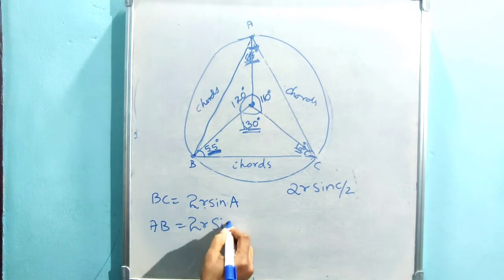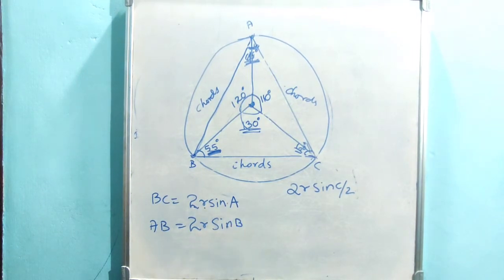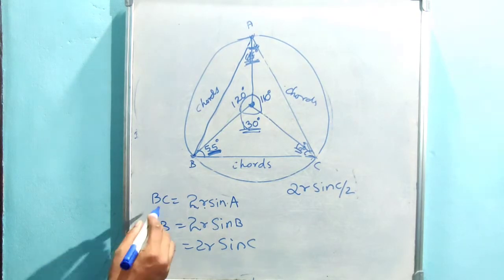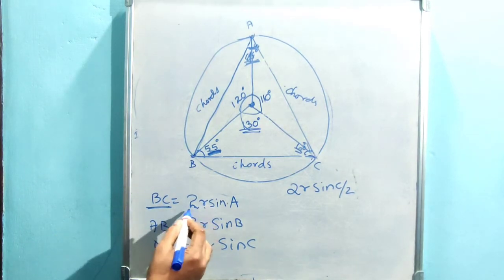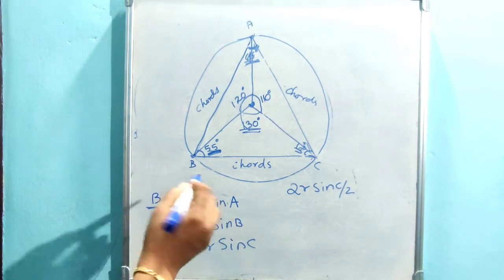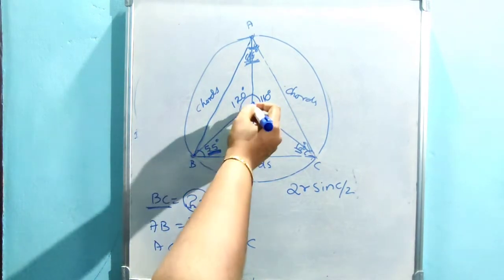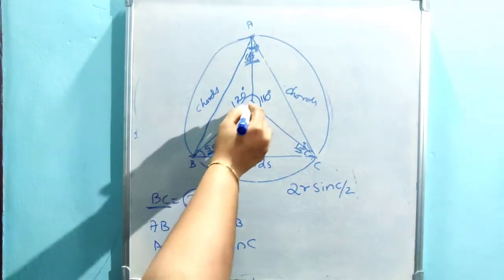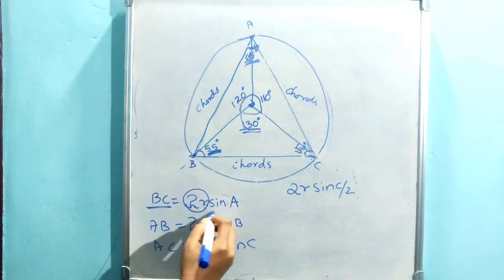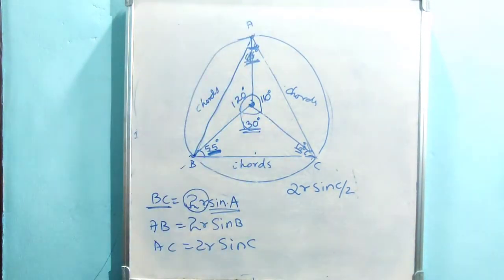That is equal to 2R sine B. Similarly, AC is equal to 2R sine C. That means if we need a length of a side of the triangle, we just multiply double of the circumradius into sine of the opposite angle.